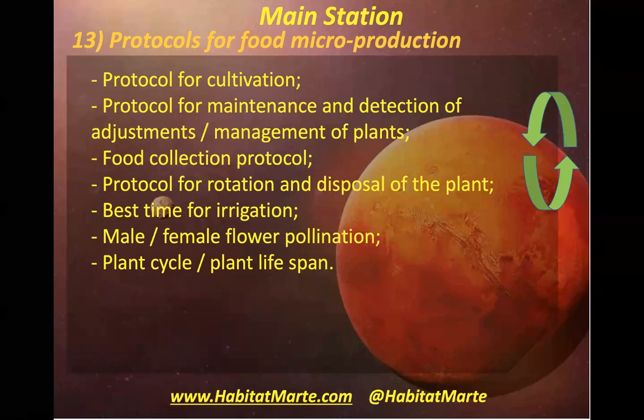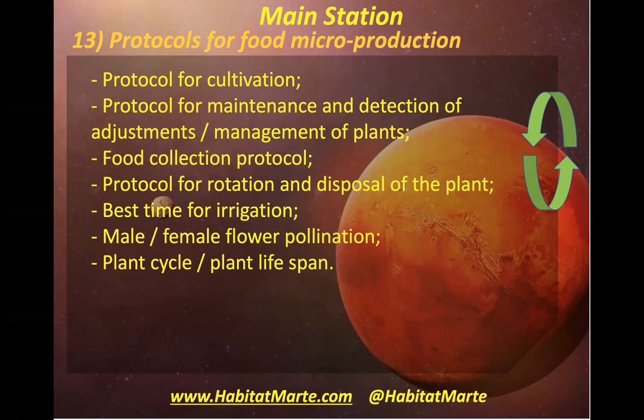And then related to the protocol for food microproduction, first of all we have a protocol for cultivation of the food. The second one, a protocol for maintenance of this cultivation, food plant cultivation, and detection of adjustment, management of the plant. The third one is the collection protocol.